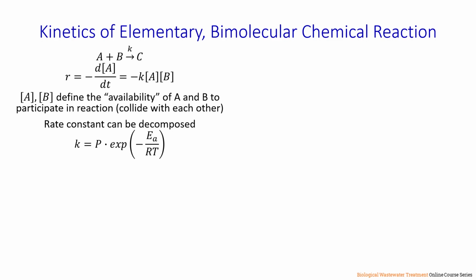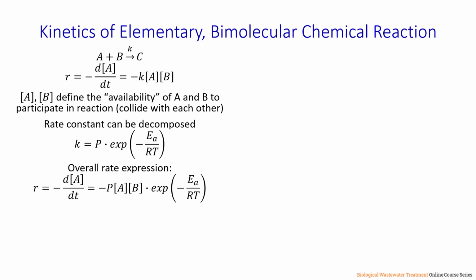So here is the standard decomposition of the rate constant. It's described as the product of a pre-exponential factor, P, and an exponential function that has the activation energy divided by the product of the gas constant and absolute temperature. By substitution, then, we can describe the overall rate expression like this, and that again allows us to gain a better understanding of the mechanics of this process.